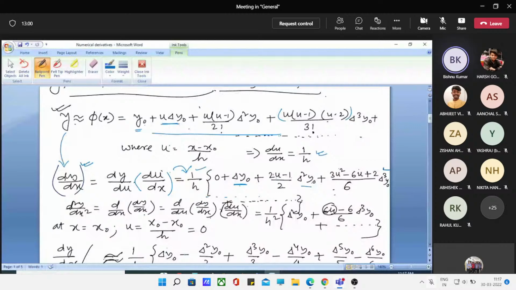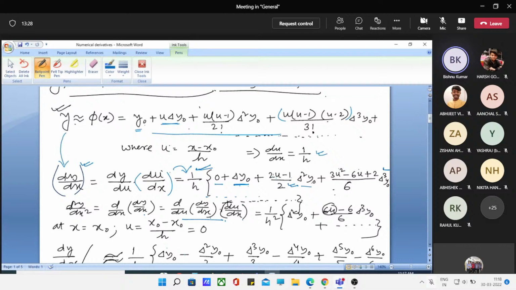The first term is constant, so the derivative starts from here. With respect to u again, it gives del square y0: the derivative of u square is 2u, and below is 2, so the 2 cancels, giving del square y0 as the first term. Then the next will be 6u minus 6 by 6 del cube y0. In that way, you can calculate the second derivative also.